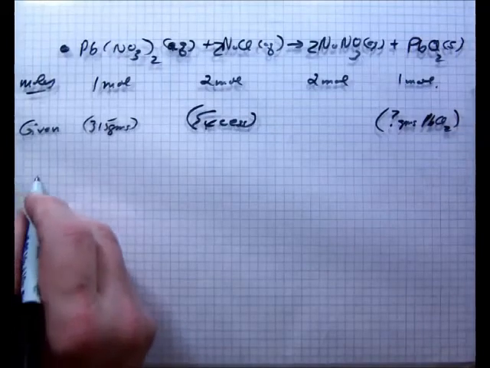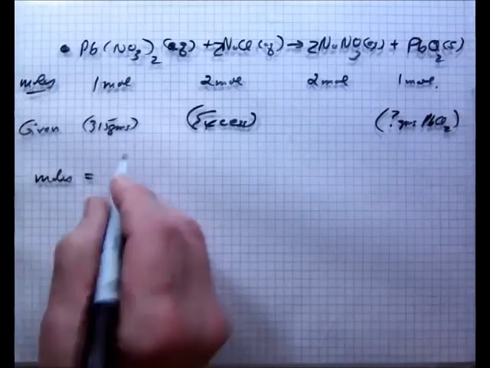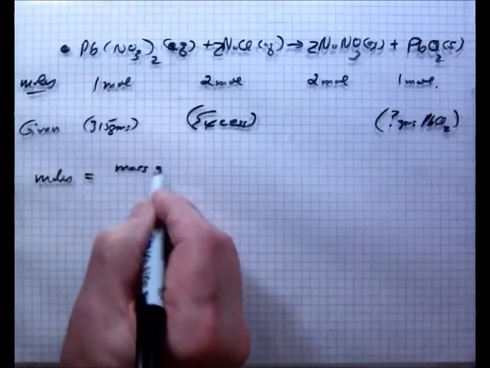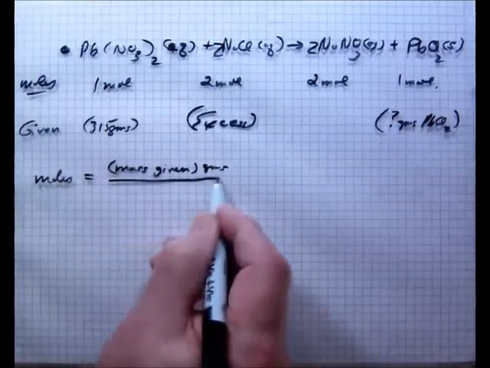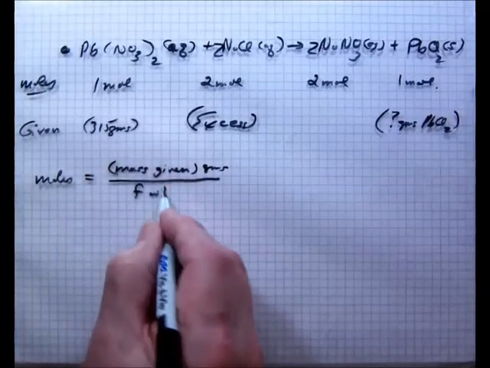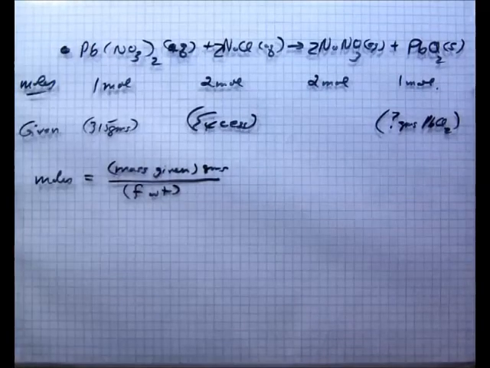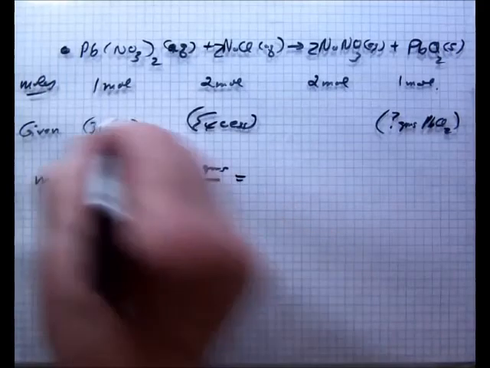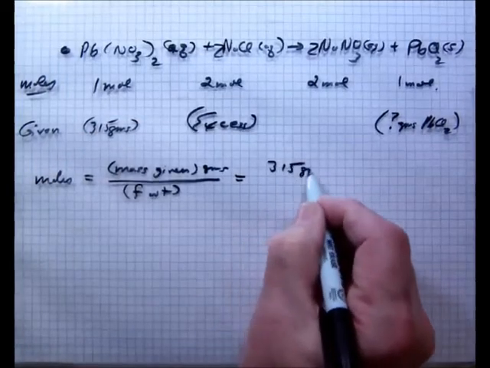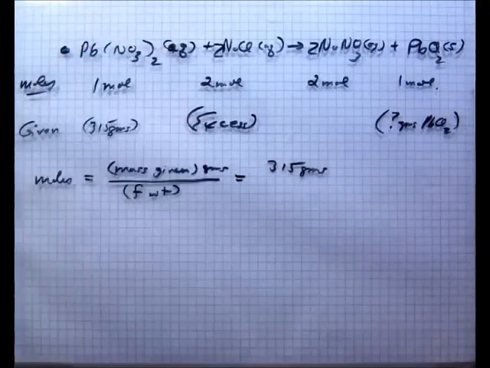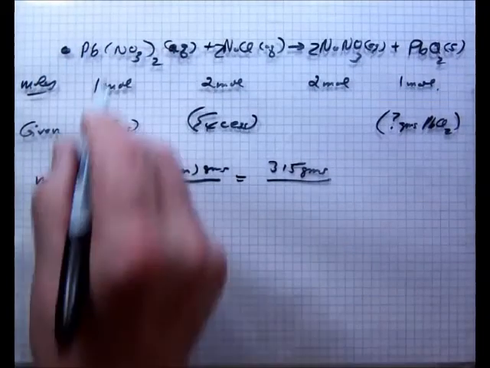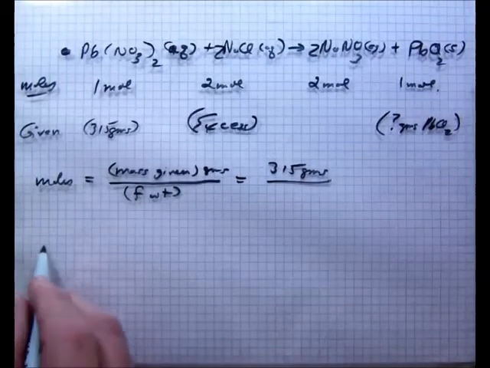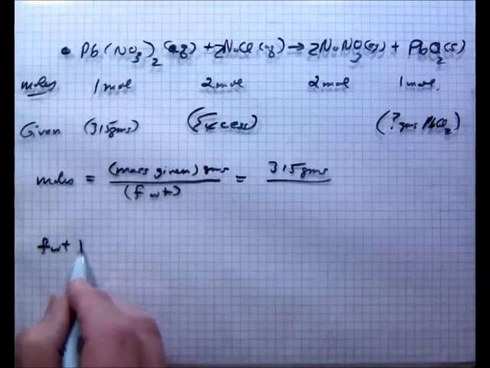Okay? Now, moles, as you recall, is the mass given in grams divided by the formula weight of the compound of interest. So we're given 315 grams of the lead nitrate. Yes? See that? We have to divide by the formula weight of lead nitrate. So I'm going to come down here, formula weight.